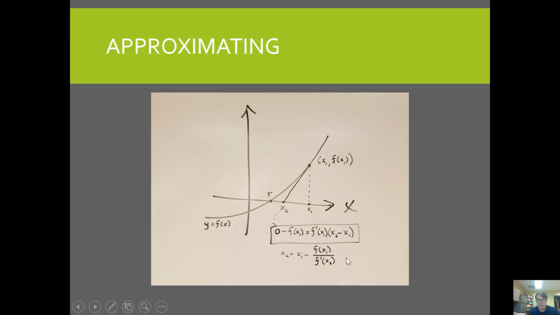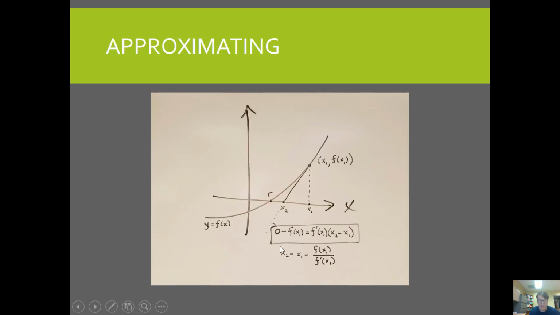Now all I do is a little rearranging, and I can solve for x2, which is, remember, closer to a solution to this equation than x1 is. And so x2 equals x1 minus the ratio of the function being graphed at that point over its derivative there.